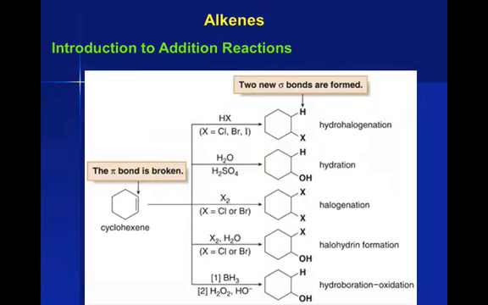Where have you heard about hydrogenation before, in like your nutrition stuff? Pardon? Vegetable oils. What do they say? Partially hydrogenated vegetable oil. What do vegetable oils have a lot of? A lot of double bonds, right? And so I'm not going to draw an accurate representation, but you'll have lots of double bonds in vegetable oil.